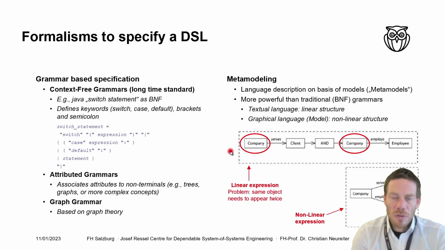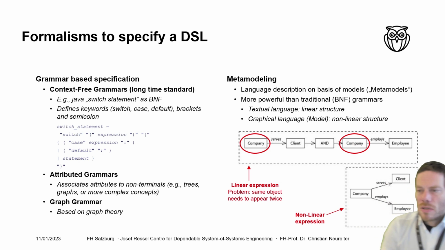Take the example where a company serves a client and a company employs an employee. In this linear expression, we have the problem that the entity company appears twice. And if we want to change it, then we have to change it in two places.